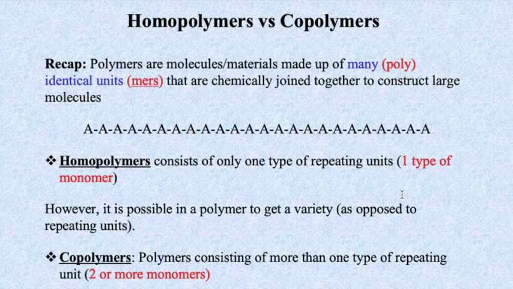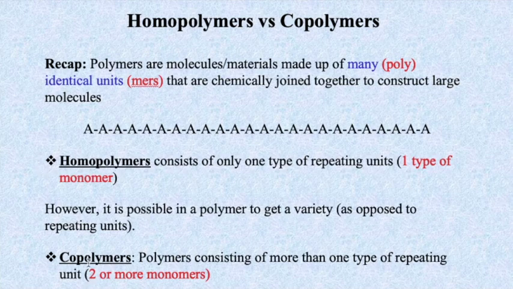In terms of the variety that you get, you can have those repeating units as the same kind throughout the chains, and that will be called a homopolymer. Homo meaning one or the same kind, hence one type of monomer or mer. So the definition: a homopolymer consists of only one type of repeating unit, the same throughout, like A. But there's a possibility of having a variety in that you can have a contribution in terms of properties from 2 different monomers.